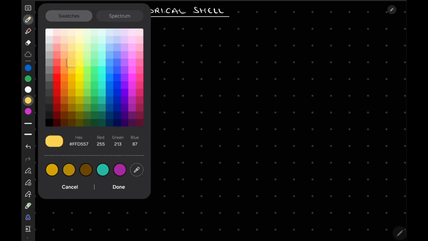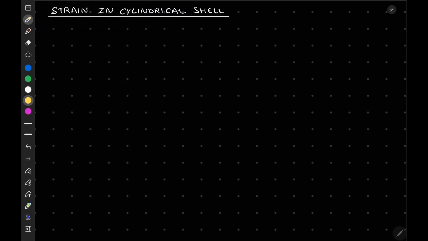Now of course, since there is presence of hoop stress and longitudinal stress, there will be two types of strain which we will be studying here.